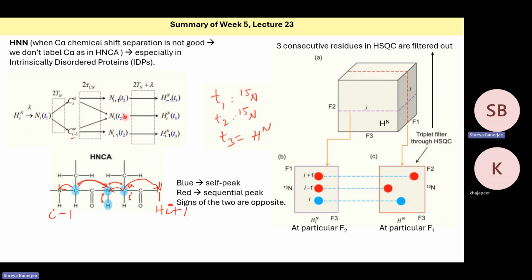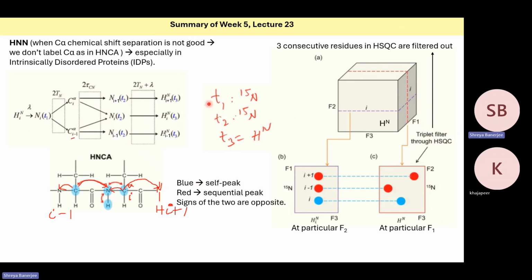So from the amide nitrogens of these three consecutive residues, the magnetization flows to the corresponding amide hydrogens, and that is where the FID is collected. So the amide hydrogens of I plus 1, I and I minus 1 form T3. That is the third frequency axis, your amide hydrogen.